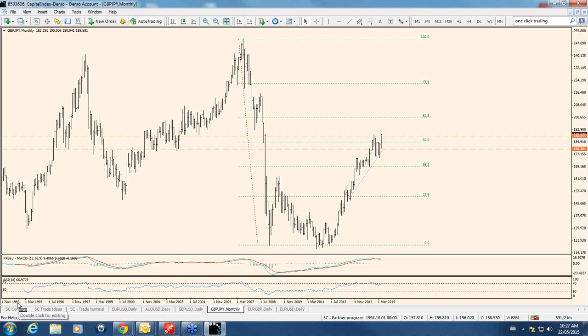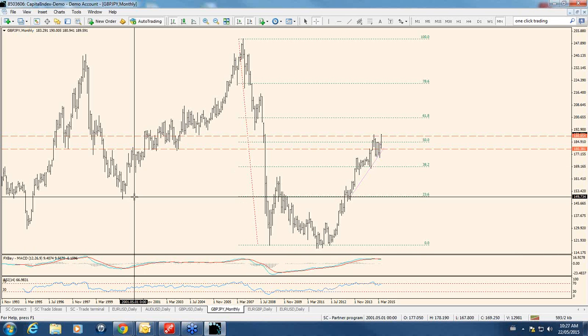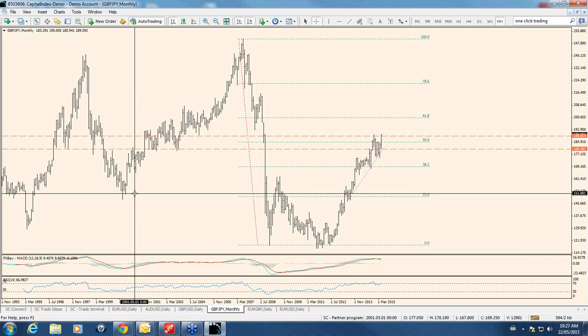Again, looking for horizontal levels. To start with, I'll draw the all-time Fibonacci and see how many touches it's had.